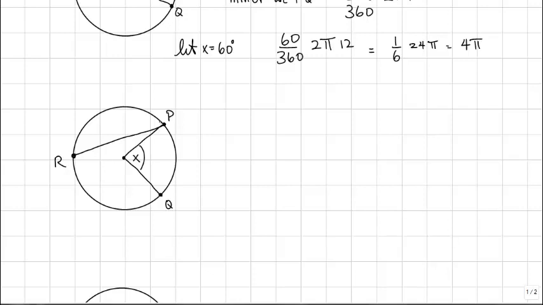So a chord is a line segment that connects 2 points on a circle. And these 2 chords form what is known as an inscribed angle. And the ratio between the central angle and the inscribed angle is 2:1. That central angle is double the inscribed angle. So if we know that the central angle has a measure of x degrees, then the inscribed angle has a measure of x over 2, half that.